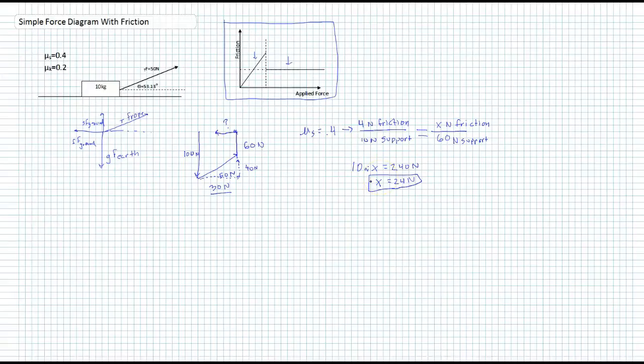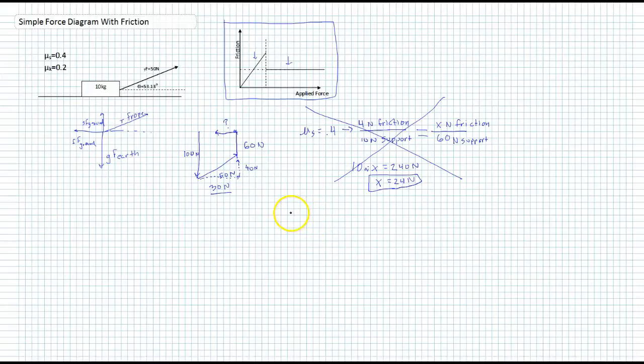There is no way for me to balance out the forces if the maximum amount of friction I have is 24 newtons. So this whole situation is invalid because that requires a static state. I cannot have a static state because the forces cannot be balanced, which is necessary for an object to be at rest. So it must be moving.